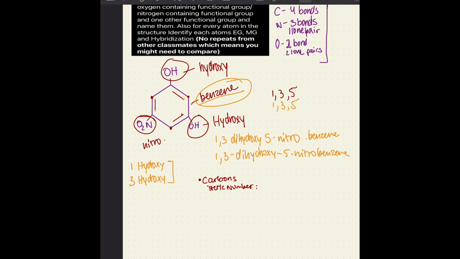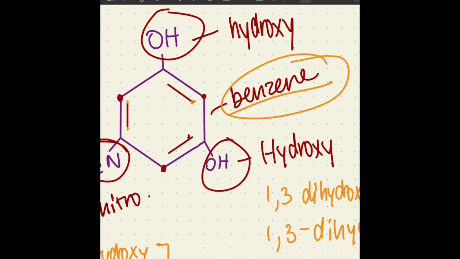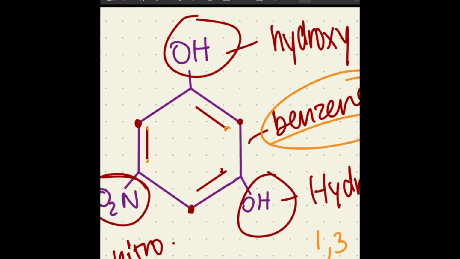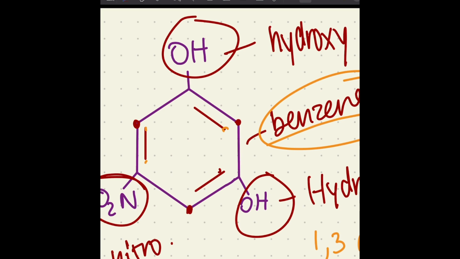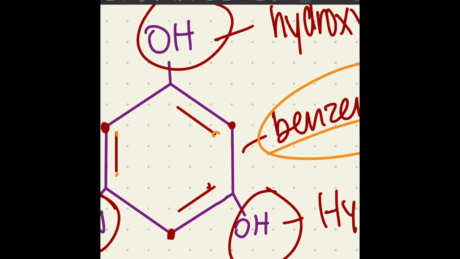As you can see on the carbons, it has a double bond, so 2 bonds, and 1 bond. But then there's also a hydrogen there, so there's 3 bonds. But in order to obey the octet rule, it's missing 2 electrons to get to 8.